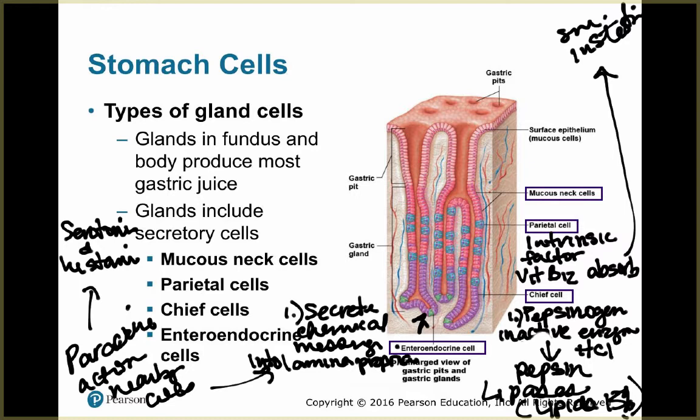So these are a couple of hormones that they secrete. In addition, they also secrete somatostatin and gastrin. And we're going to talk more about what all these guys do later.